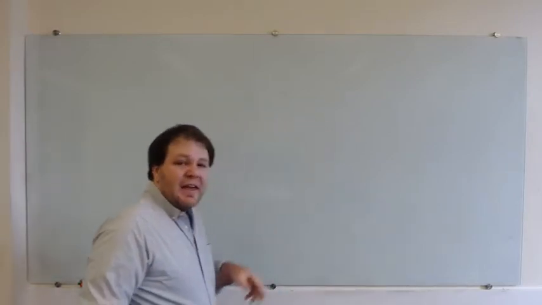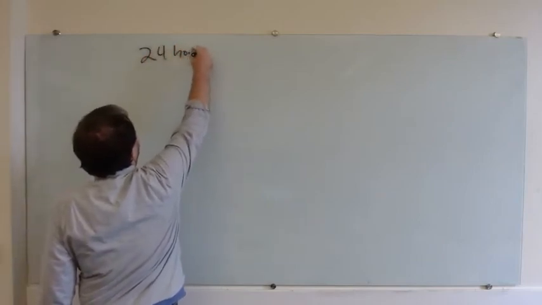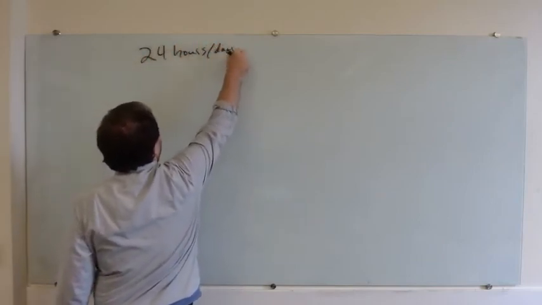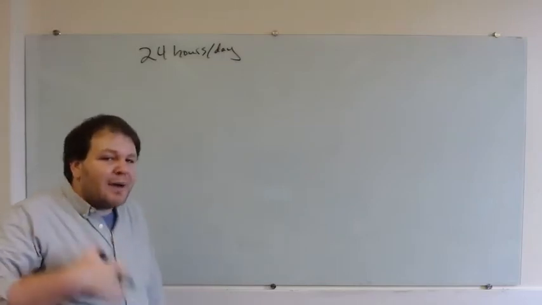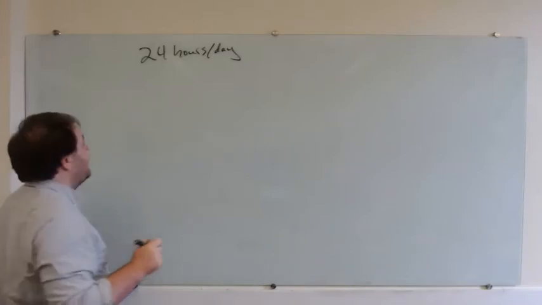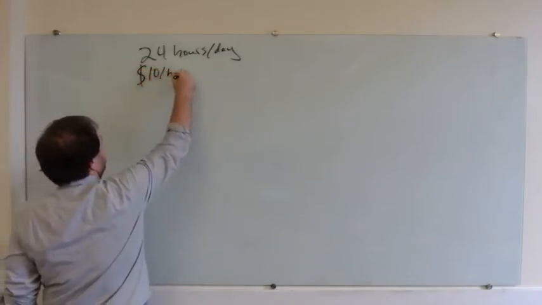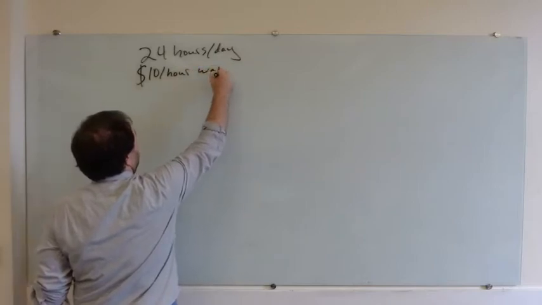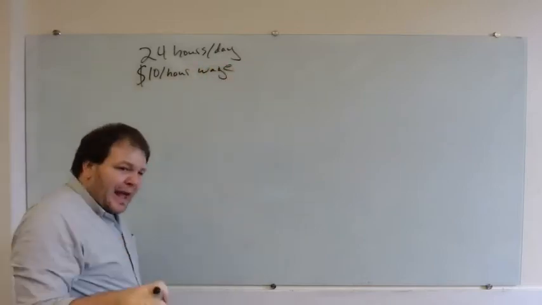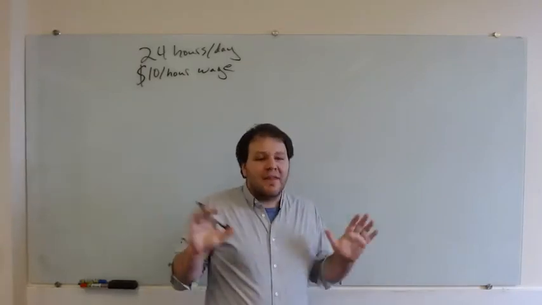Let's imagine that you've got 24 hours a day. And you have a job where you can spend as much or as little time as you want working, where you earn $10 an hour for each hour that you spend working. And for now, let's imagine that you've got no other money. No one's giving you any income, you have nothing saved up.